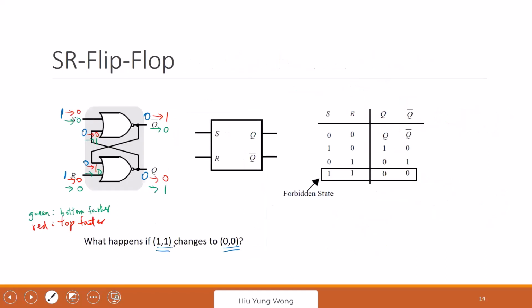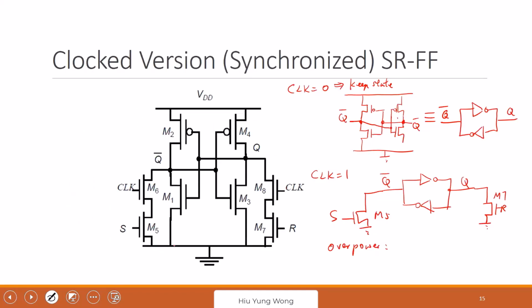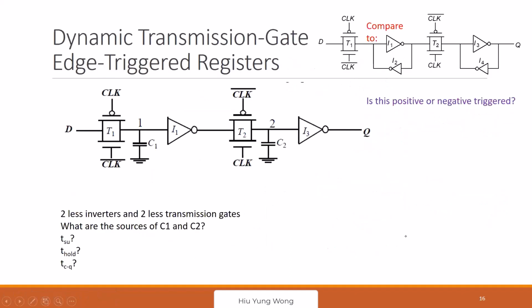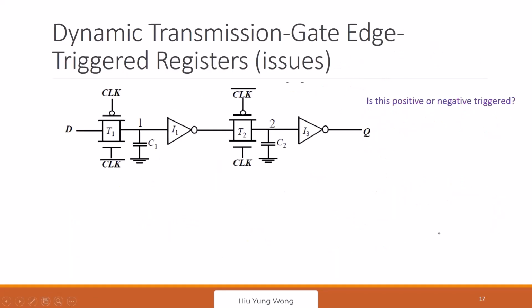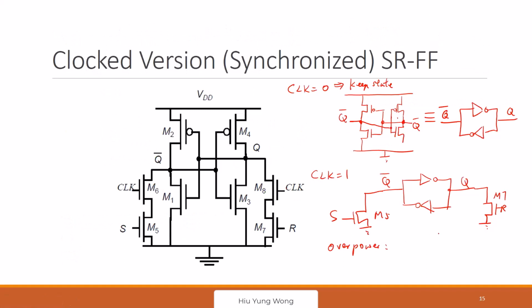Okay, but how do we overpower it? Let's look at an example. For example, I try to set it. Set equal to 1, reset equal to 0, right? So I have this set here, M5, which is VDD, which is set.